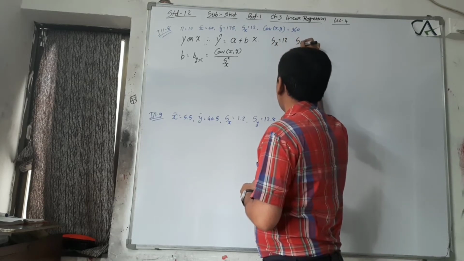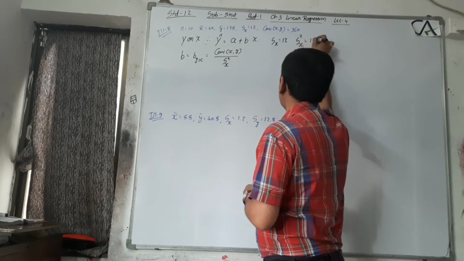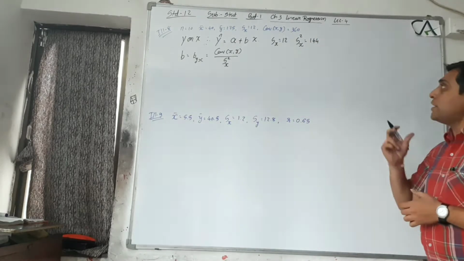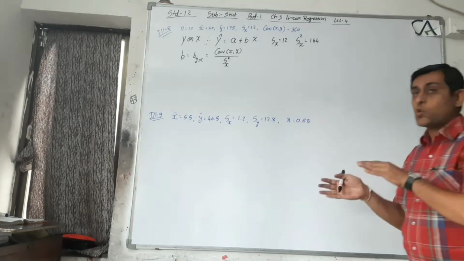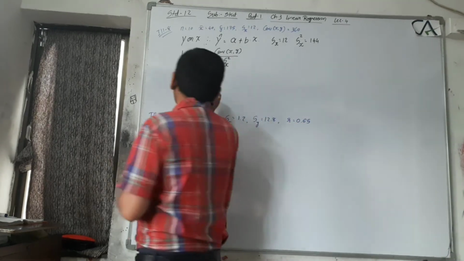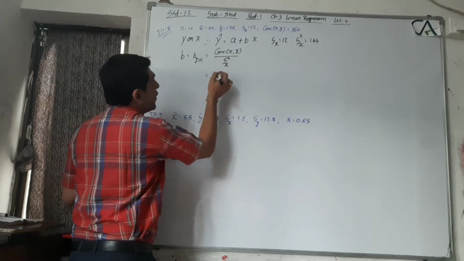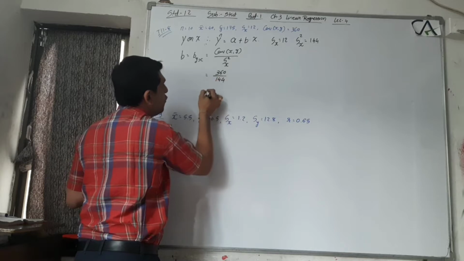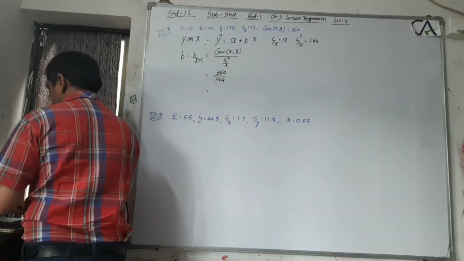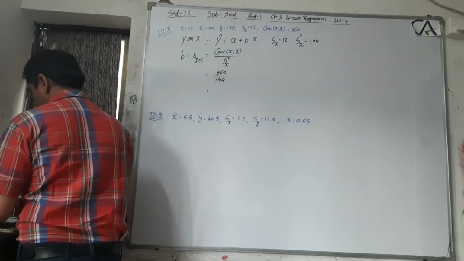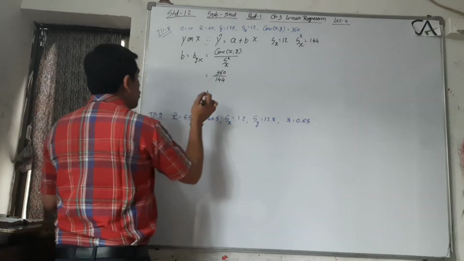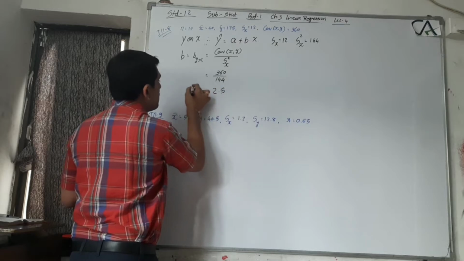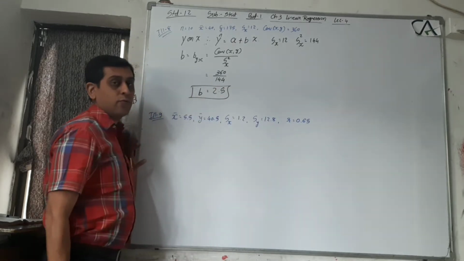So we have to find the square of this, that is Sx square, that is the variance of x, that is 144. Now put the value here. Covariance of xy is equal to 360 and Sx square is equal to 144. So now divide it. It is 2.5 exact. So your byx is 2.5.